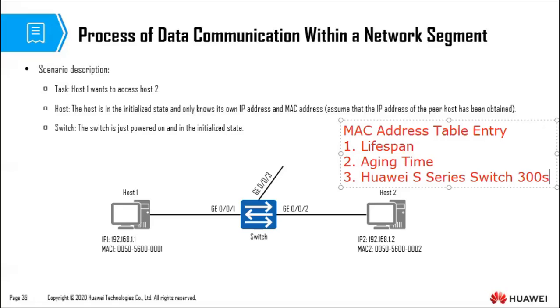Therefore, it is going to go to its MAC address table, find any entry associated with that particular interface number, and delete it. So those are the two instances within which the switch can delete the MAC address table entry.